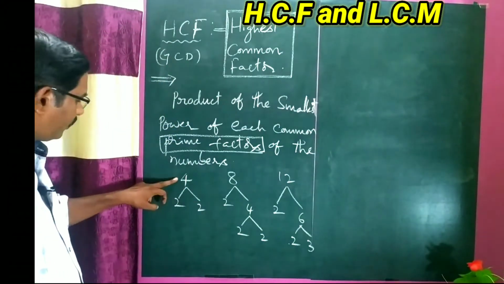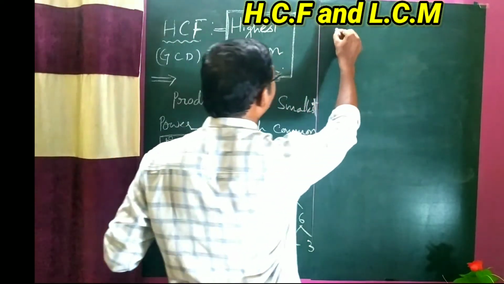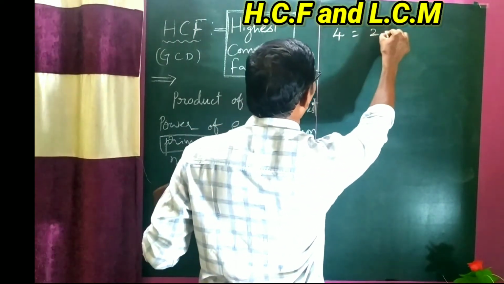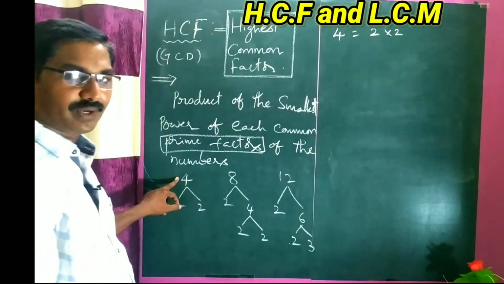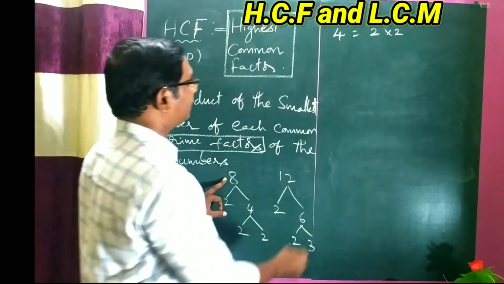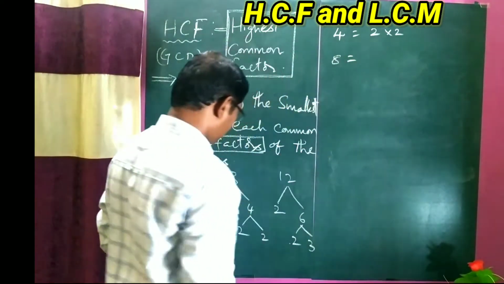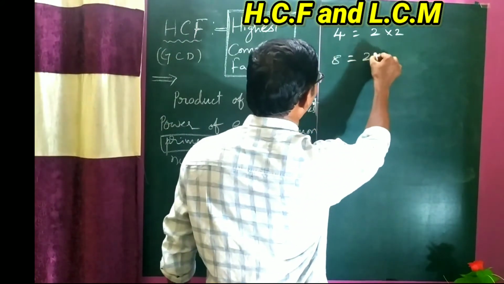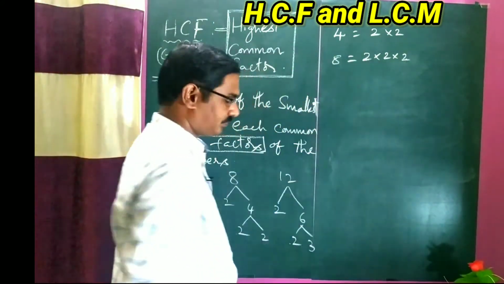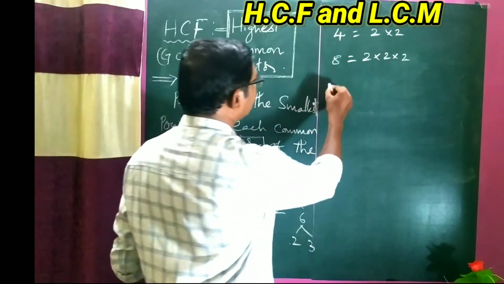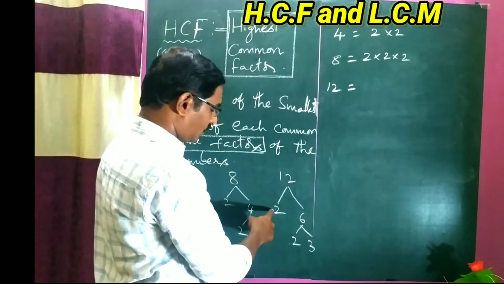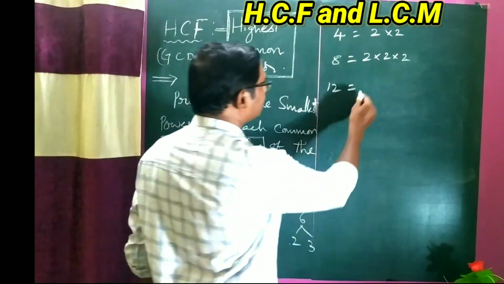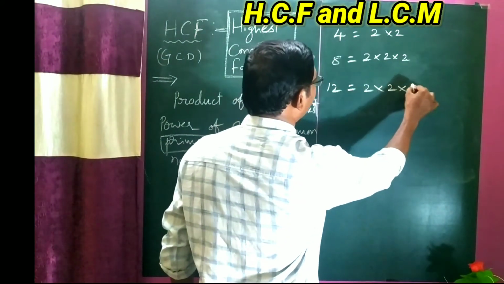From this, 4 can be written as 2 into 2. 8 can be written as 2 into 2 into 2. And 12 can be written as 2 into 2 into 3.